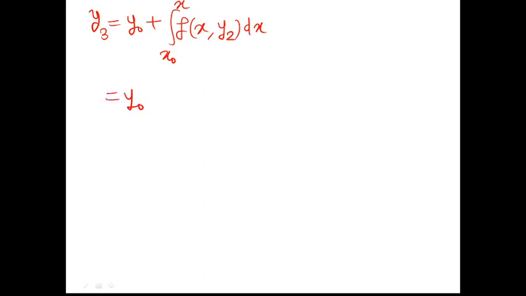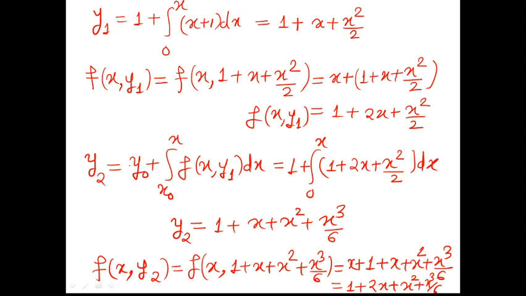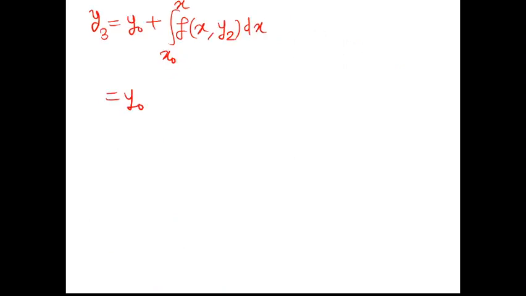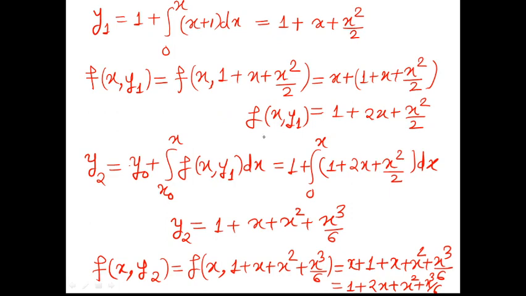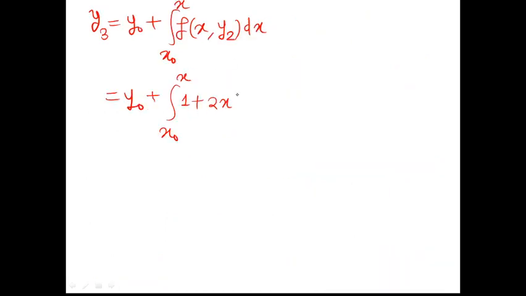Now substituting f of x, y2, which we have obtained here, we have y naught plus integral from x naught to x of 1 plus 2x plus x square plus x cube by 6. This is the expression for f of x, y2, which we have calculated earlier.